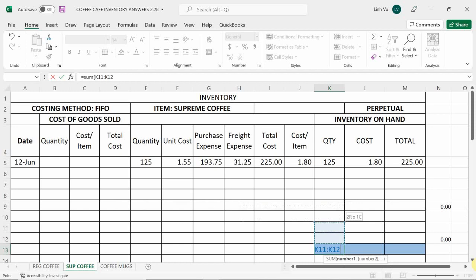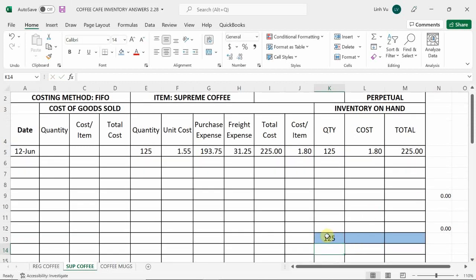So I'm going to add up this column right here. That means I have a whole total of 125 pounds available at a total cost of $225. Now, if I end up making a second purchase for another 225, it's telling me I have 250 pounds available. So that's what I'm doing here.